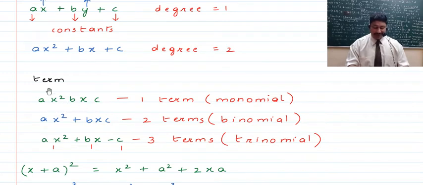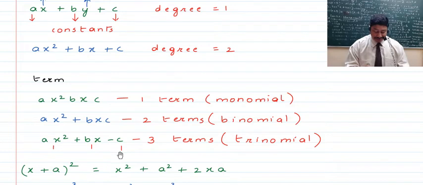As such, this will be said to be a term. And whenever an algebraic expression just has one term, it is known as a monomial. If suppose there is one plus or minus sign in between, then we will have two terms now. As such, it will be known as a binomial. And if we talk about an algebraic expression which has two plus or minus signs in between, then obviously we will have one term.